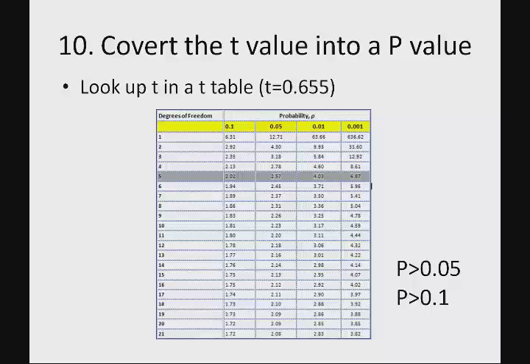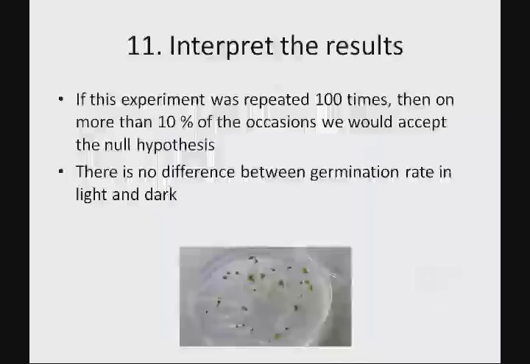And this is the value that you then interpret in terms of the significance of your results, as we've discussed in previous presentations. So that's the important bit now, to interpret the results, because that's where the biology is. So you found a p-value which is greater than 10%, greater than p is 0.1.